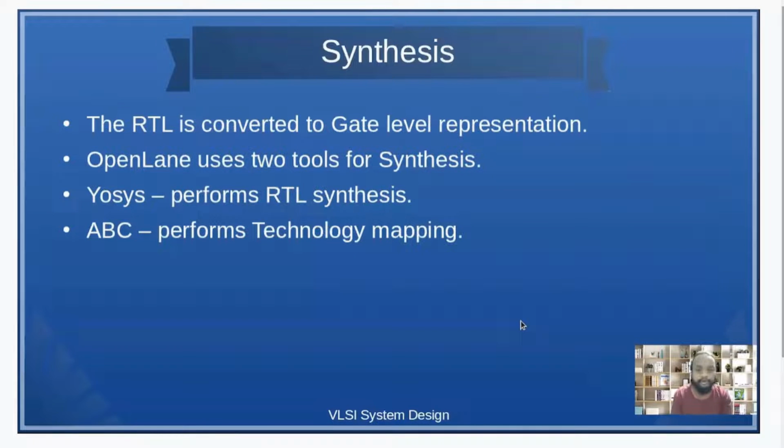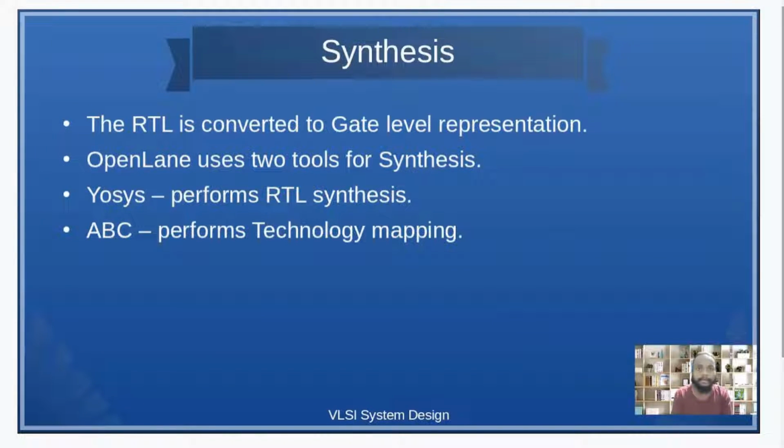After we have given the RTL code as an input to the OpenLane flow, it will first go through the process of synthesis. In this process, the RTL code will be converted into its gate level representation.